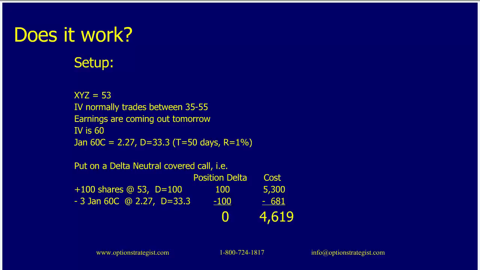But one of the things that I can say with, I don't know, 98% of the time confidence, very high confidence level, is that after an earnings announcement, the volatility of the options will decrease. Okay? I don't know if the stock will go up or down, but I'm pretty sure that the volatility will go down when earnings come out.